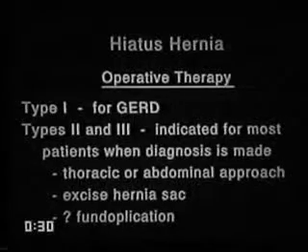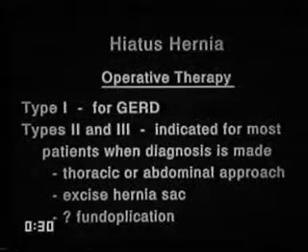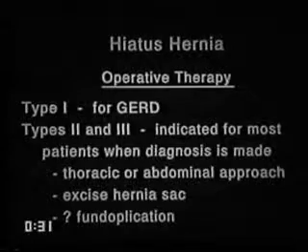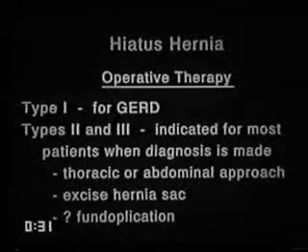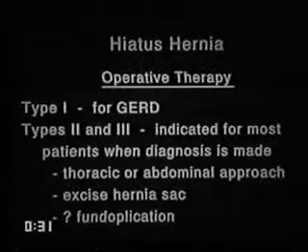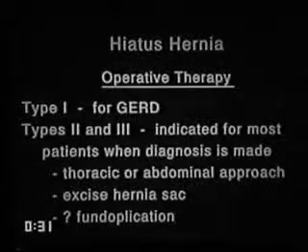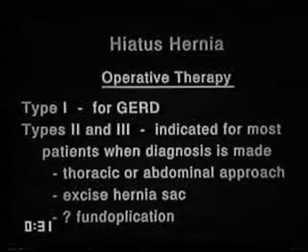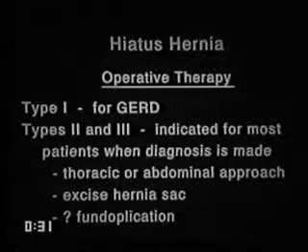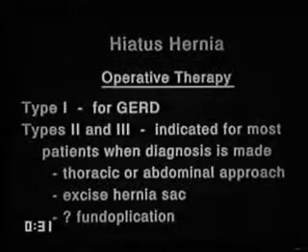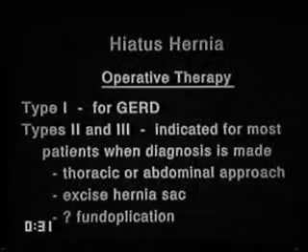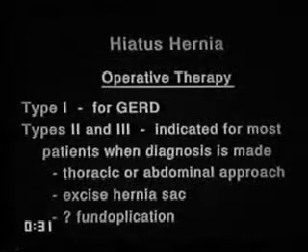Type 2 and 3 hernias, basically all paraesophageal hernias, should be repaired shortly after the diagnosis is made in patients who can tolerate a major operation. Either a thoracic or abdominal approach can be used. Some of these are now being done with a laparoscopic approach, and I think the initial reports are that it can be done satisfactorily that way.